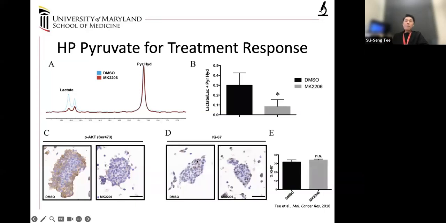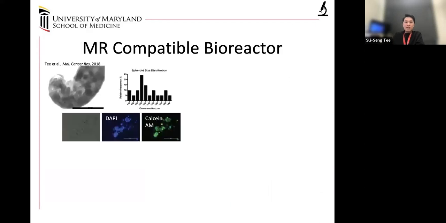So again, this is where organotypic cultures, such as the use of precision compresstomes to slice tumors, can be used to prove this concept further. I've also done some of this in MR compatible bioreactors.